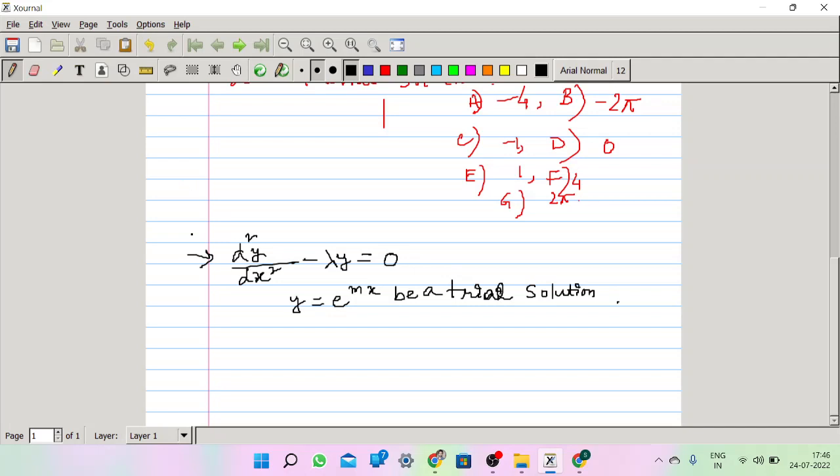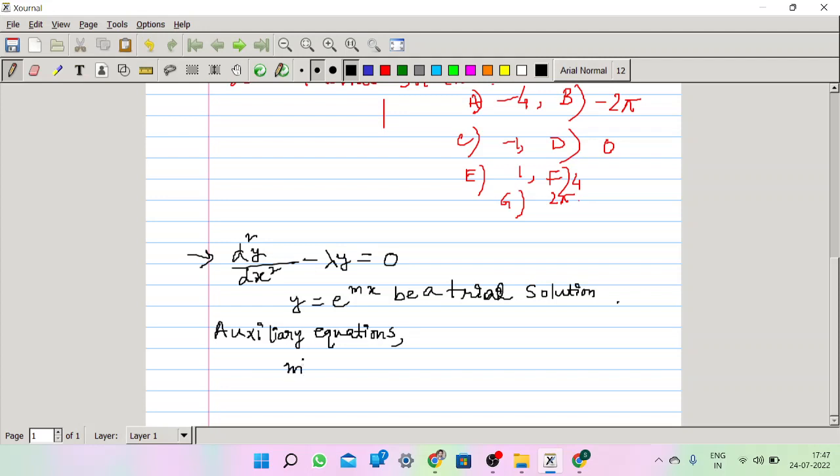So the auxiliary equation becomes, since y equal to e to power mx, dy dx is m e power mx and d2y dx2 is m square e power mx.